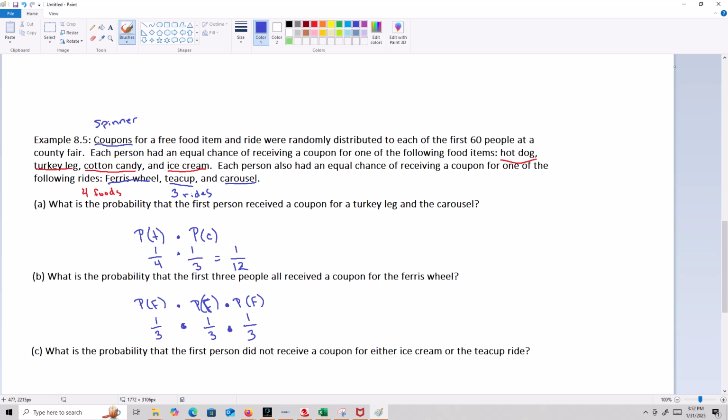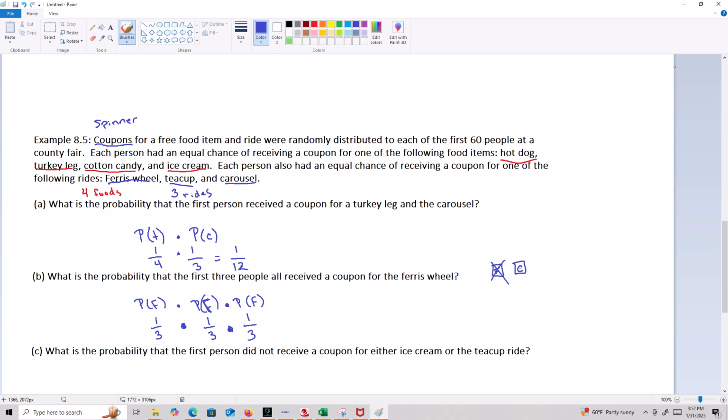I hope I haven't confused you, but that really was baffling me. If I have, just to make sure you understand, if I have 2 coupons and one's for the Ferris wheel and one's for the carousel, and I give the Ferris wheel coupon to the first person, well, now suddenly the probability of the second person getting the Ferris wheel is not going to be independent.